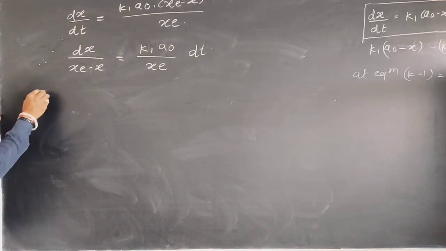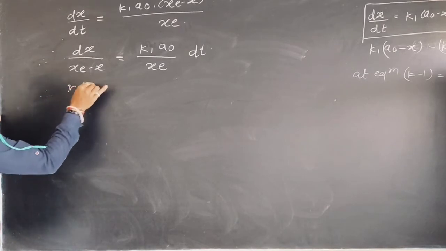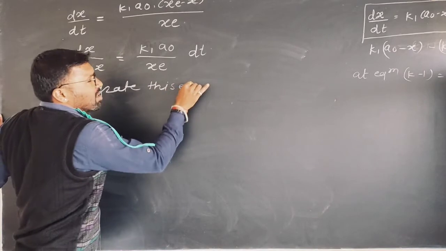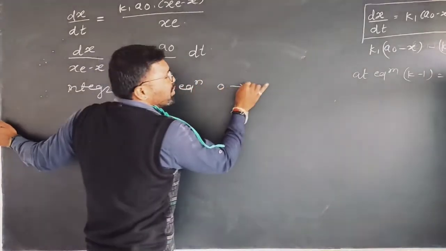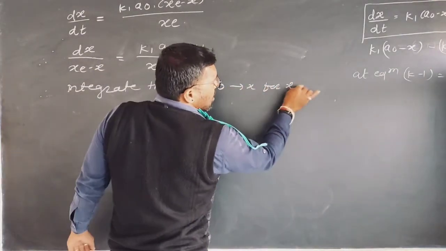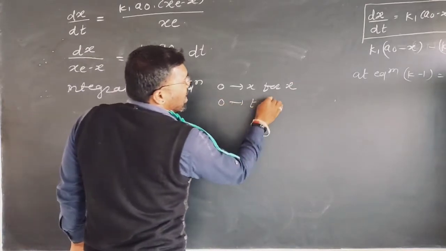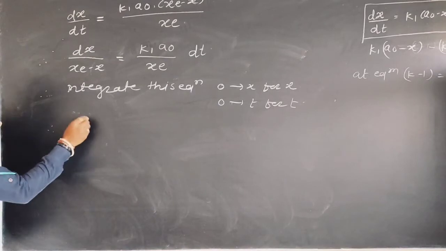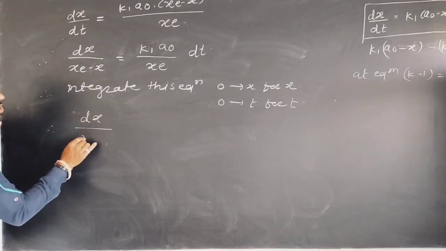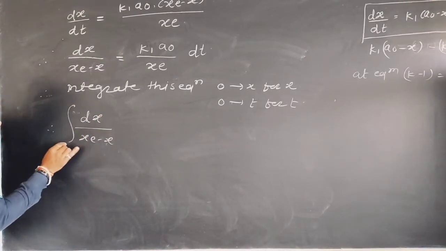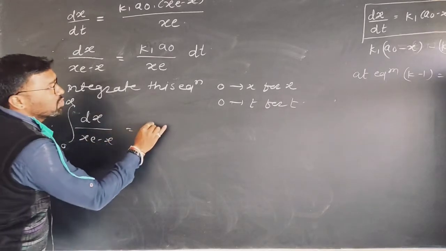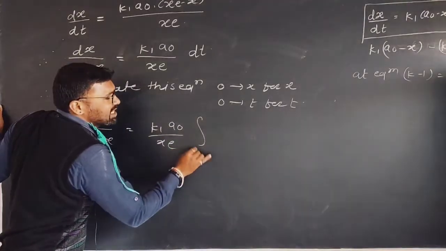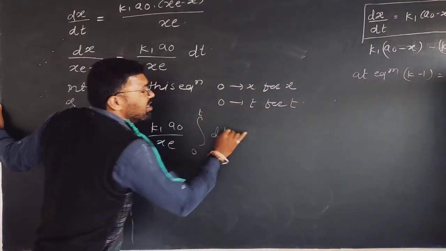So I can integrate this equation between the limits 0 to x for x and 0 to t for t. Integrating dx upon (xe minus x) from 0 to x is equal to k1 a0 upon xe, constants, integration from 0 to t of dt.